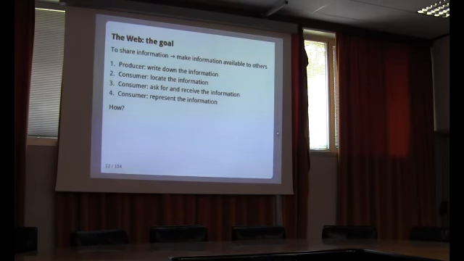Then there is the necessity of being able to locate the information. Once the information exists, one who accesses the information should be able to locate it. In the next portion of the class, I'll often make a parallel between the web and a public library. In the public library, the information exists, but you have to locate it.